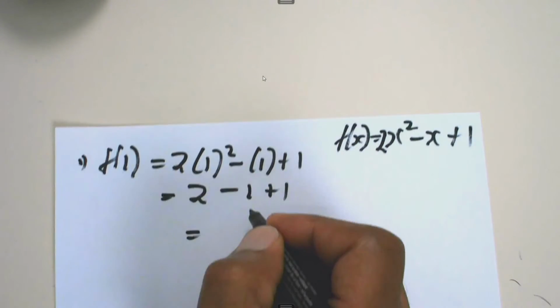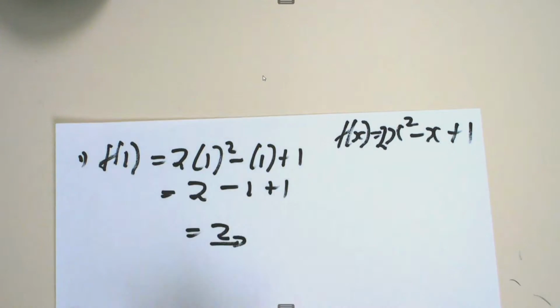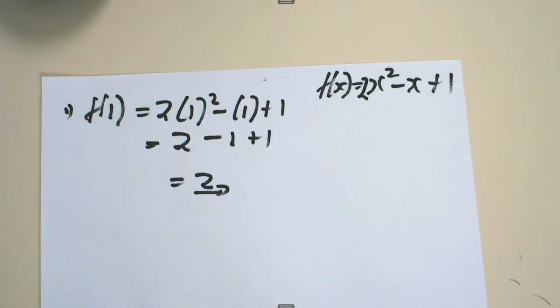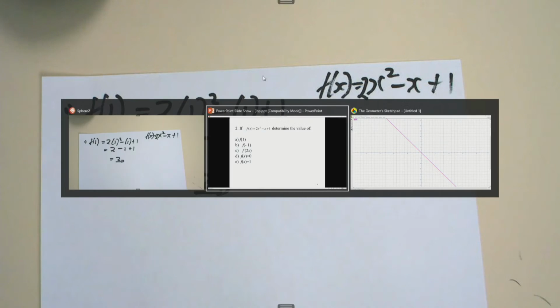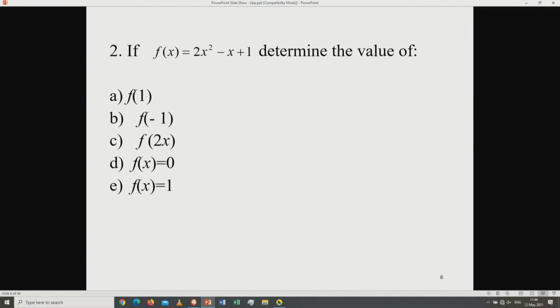So the answer here is what? The answer here is equal to 2. Now you can see that f(1) says I need to find the value of y where x is equal to what? Where x is equal to 1. Right. B, I'm going to leave B for you. Where we have f(−1), it means now you need to determine what will be the value of y if x is equal to negative 1.